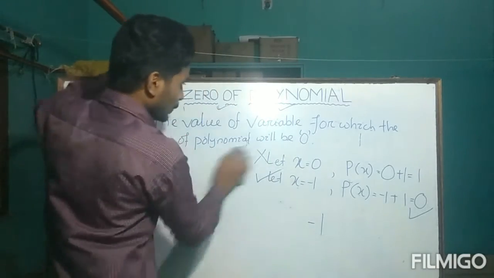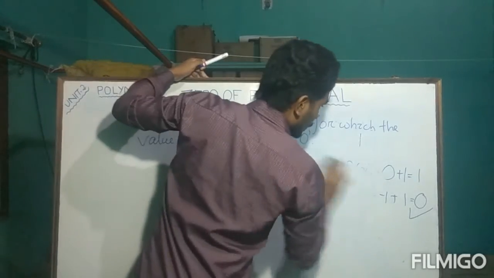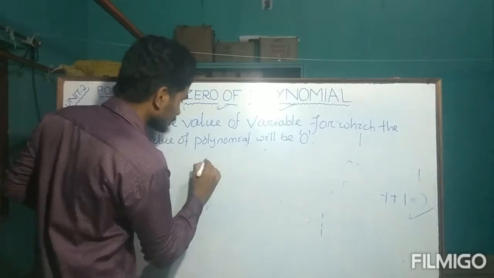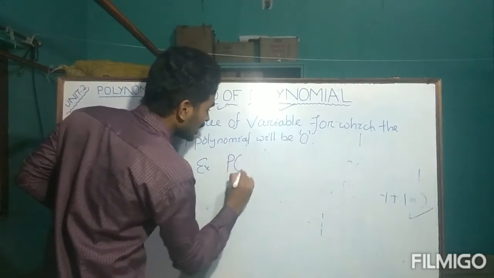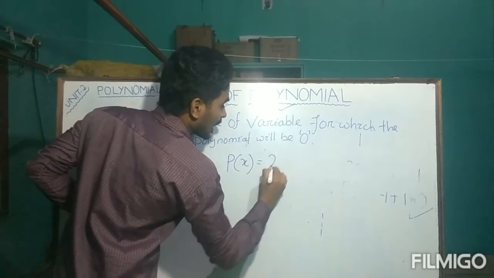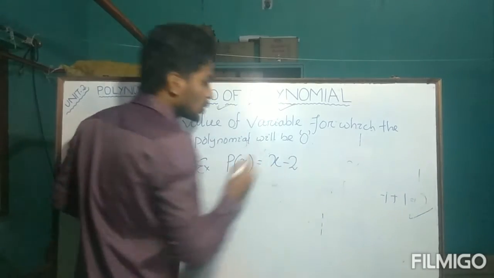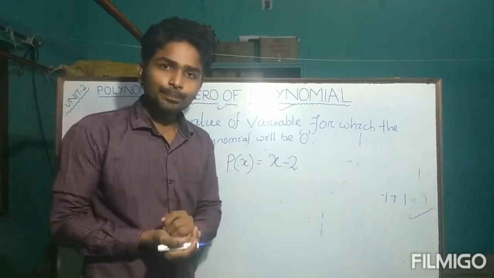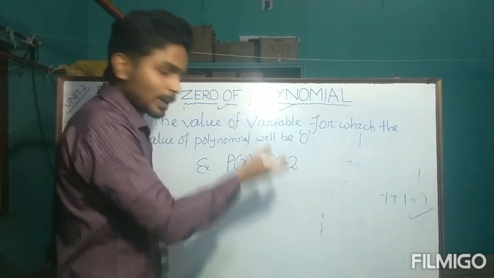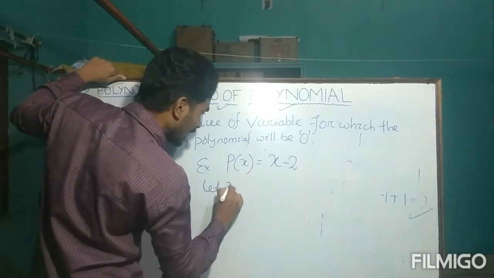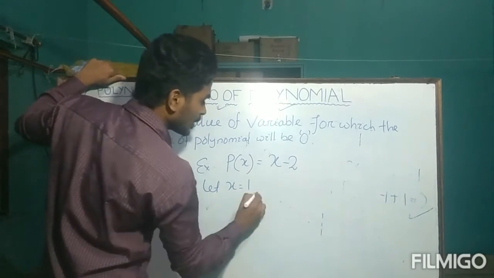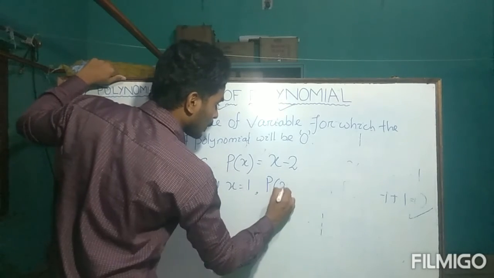Clear? So one more example. Suppose we have a polynomial x minus 2. It is a polynomial. Let us put various values of x. Let x is equal to 1. Then what will be the value of polynomial?